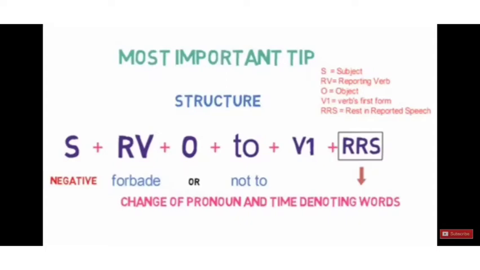Remember to change the pronoun and time denoting word in the remaining part of the reported speech. And also remember, we can use not to when the reported speech is in negative form, or forbade. Note this structure. You won't find any difficulty in converting direct speech to indirect speech for any imperative sentence.